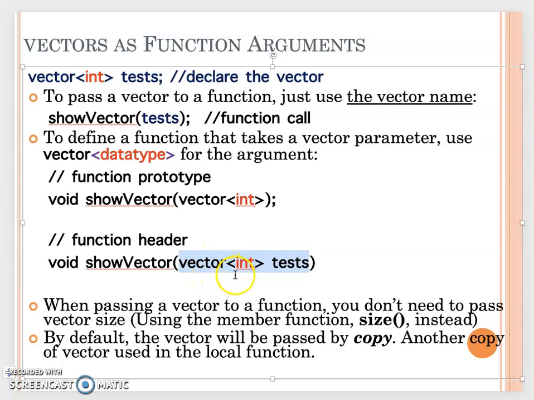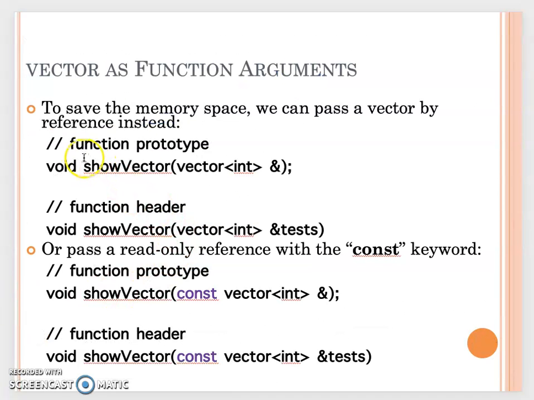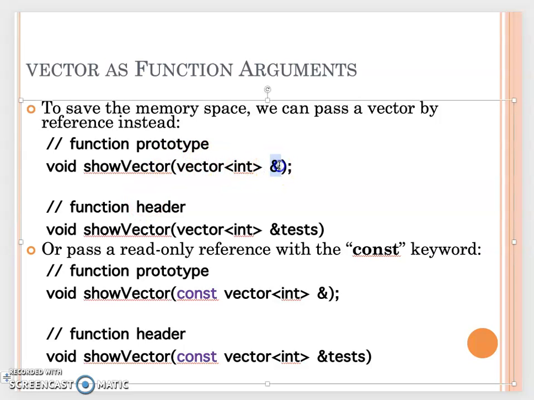So if you want to pass the vector by reference, you need to change your function prototype to add the ampersand symbol. Do you remember what this ampersand symbol is? That means reference, right? So if you don't want to pass the vector by copy, in order to save memory space, because sometimes the vector is really big, we can pass the vector by reference.